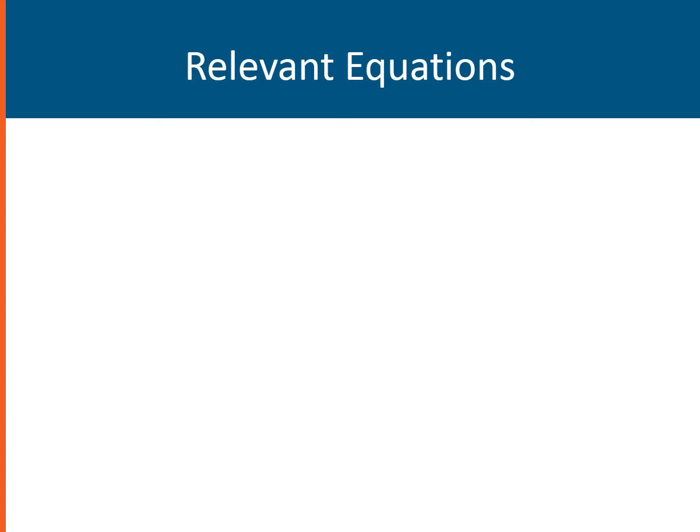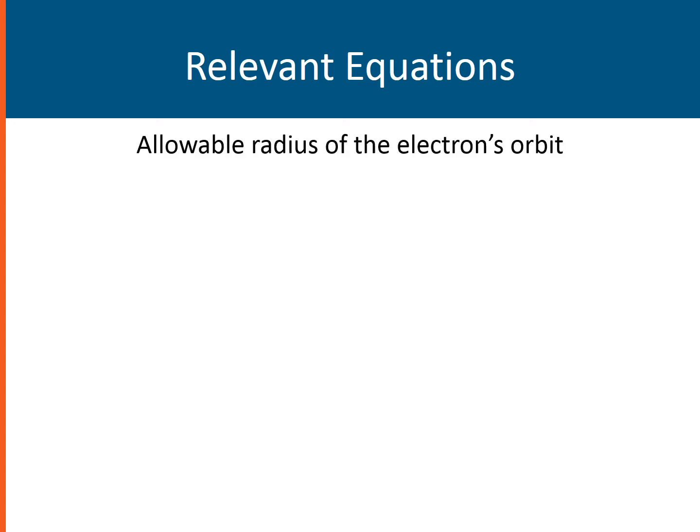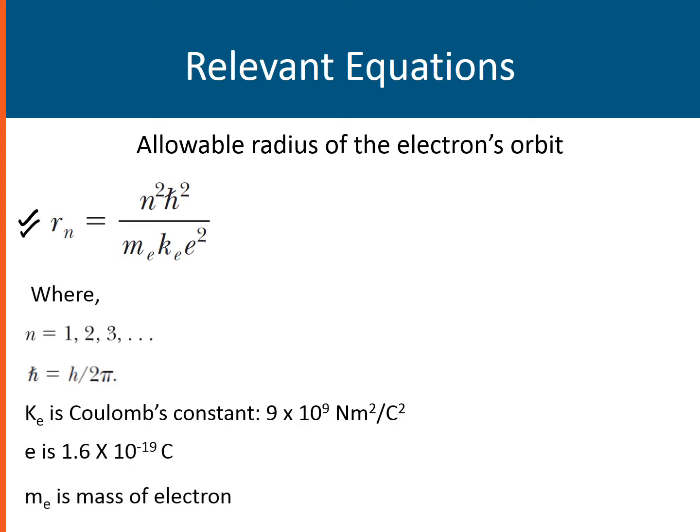The first equation is the radius of the atom, or the radius of the electron's orbit. Now this equation is based on the assumption that the electron can only exist in certain allowed orbits. So he was able to come up with a mathematical formula, and it is this formula over here, where r sub n is the allowable radius, and n is an integer, 1, 2, 3. H bar is just equal to the Planck's constant divided by 2 pi.